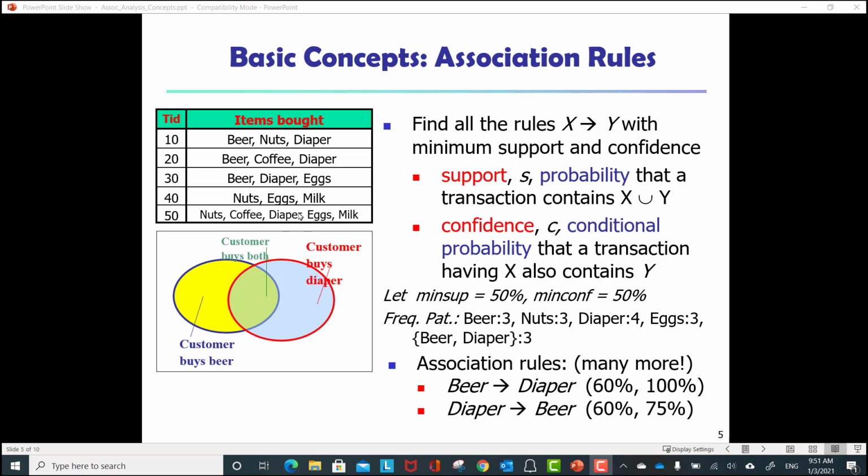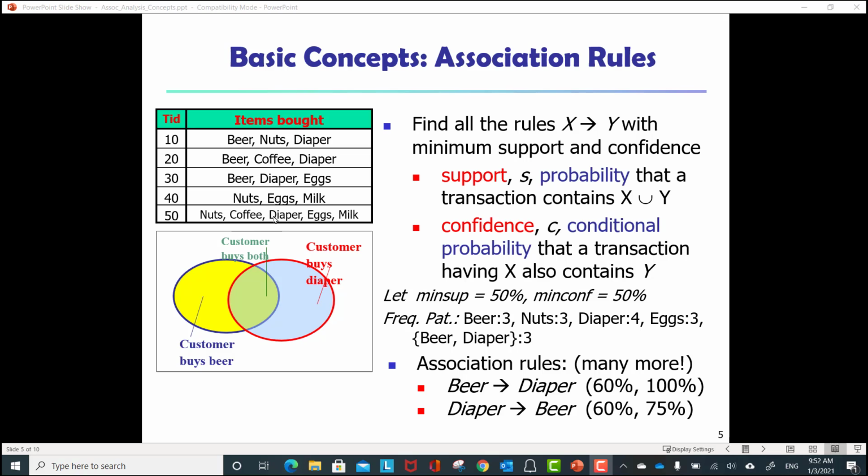Let's do one more. How about beer and nuts? Beer and nuts, just 1. So beer and nuts cannot be a frequent itemset because beer and nuts happened only once. How about nuts and diaper? Nuts, diaper, 1.